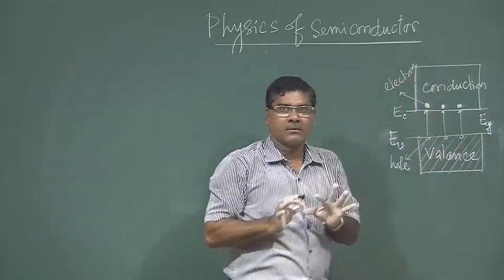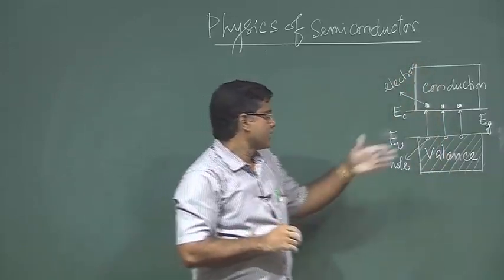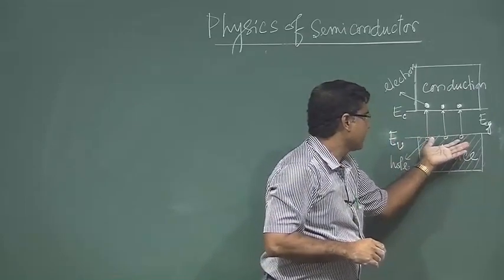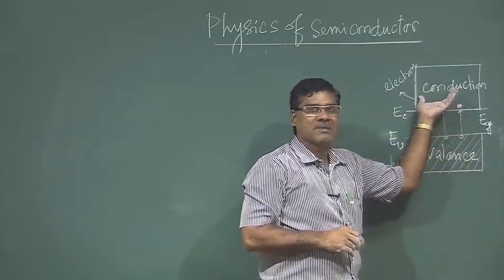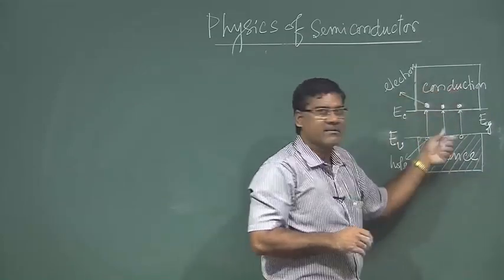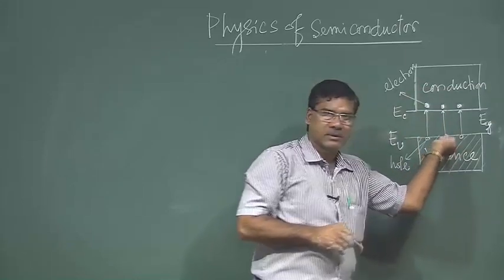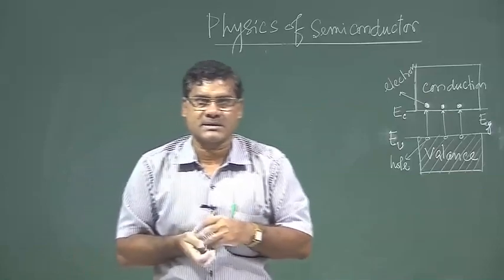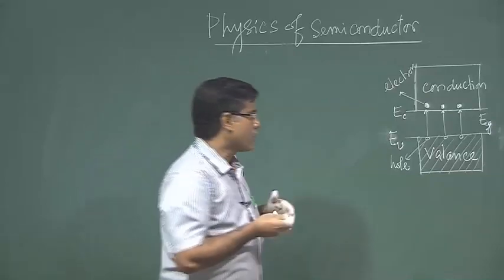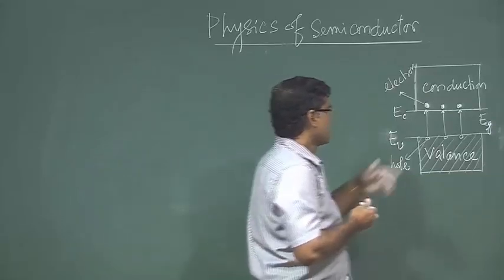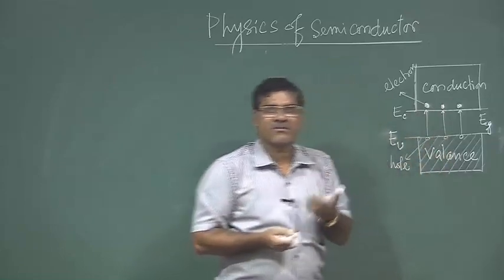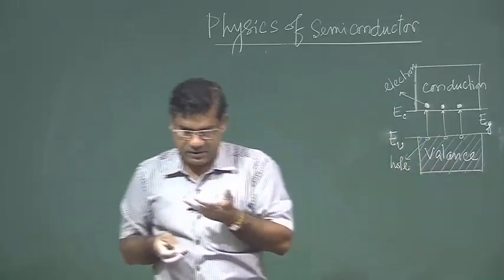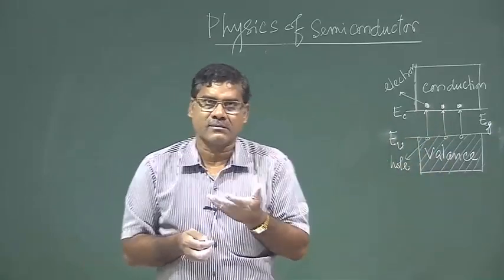Okay. Now, what happens is the electron goes from here to there, fine, but sometimes this electron also comes back and recombines with the hole, right. So, this is called the recombination process. Then we will lose a pair of hole and electron.